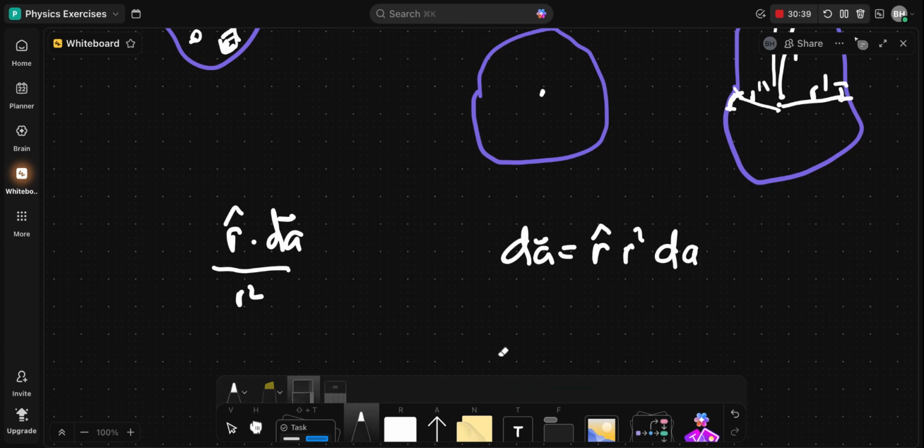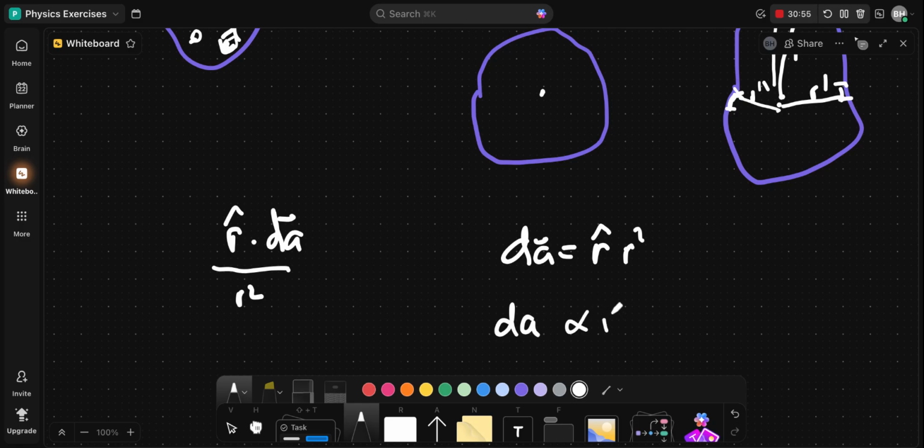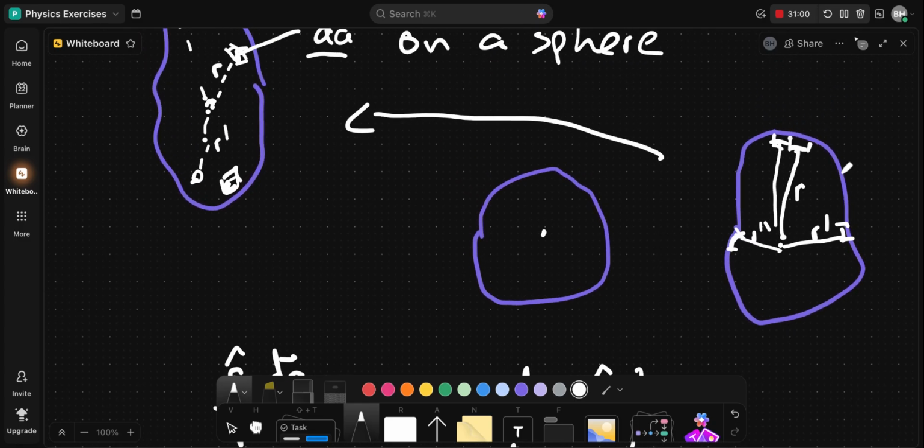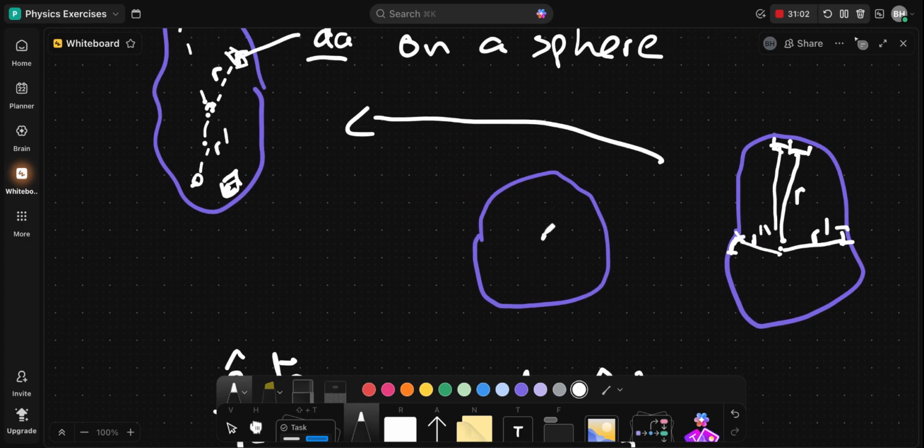My statement here is that the infinitesimal area is going to be proportional to r squared. Because look, let's go back to the two-dimensional example here.